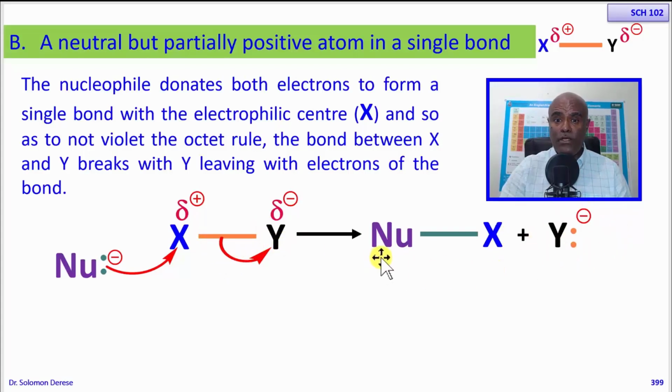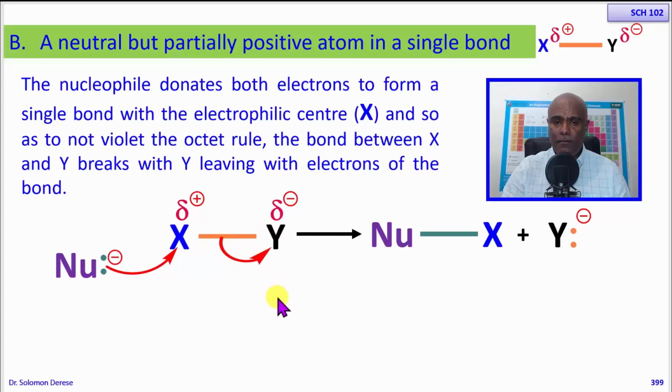So now you have a new bond between the nucleophile and X. X now has an octet of electrons, the same as the nucleophile. So when you have a single bond like this, when a nucleophile attacks the electrophilic center, the original sigma bond, the single bond between X and Y, breaks.